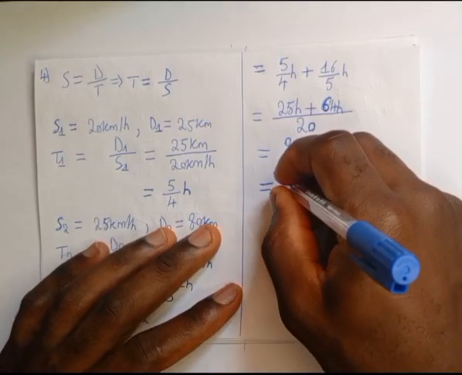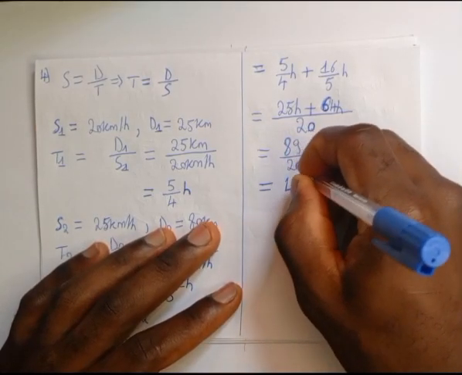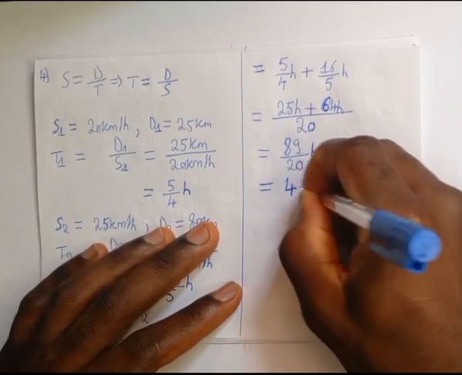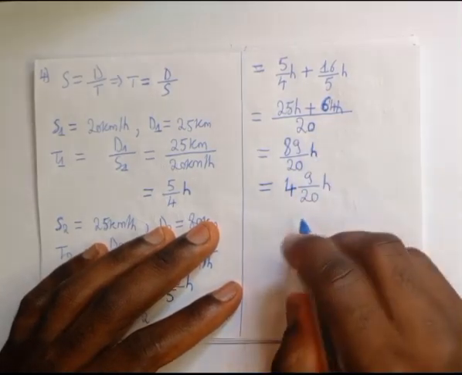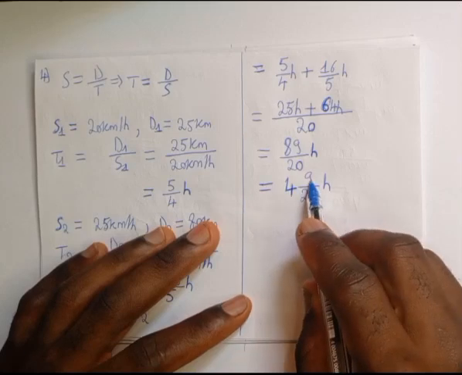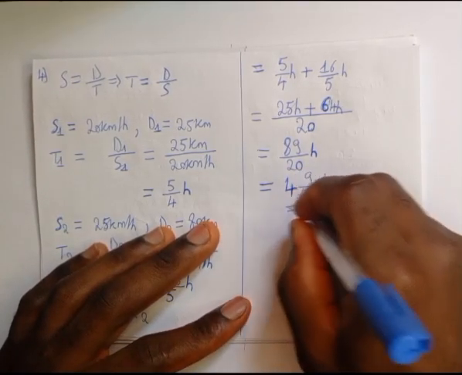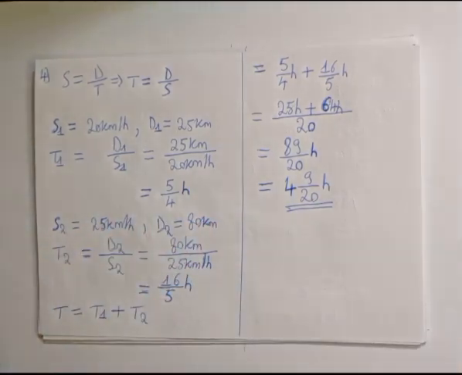Expressing this as a mixed fraction, this will give us 4 and 9 all over 20 hours. 20 times 4 gives us 80. 80 plus 9 gives 89 all over 20 hours. This is the time taken for the whole journey.